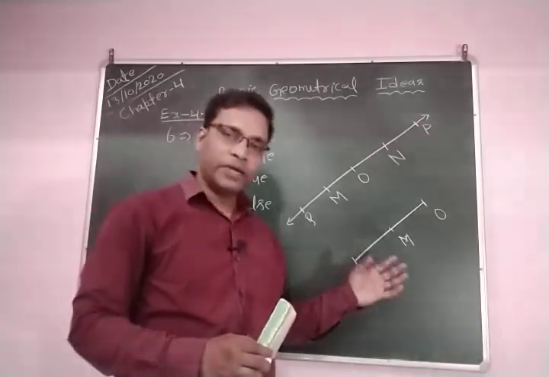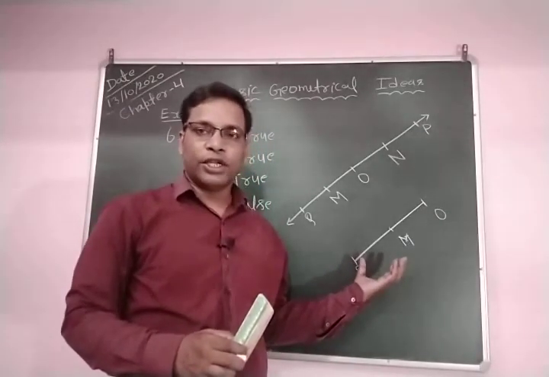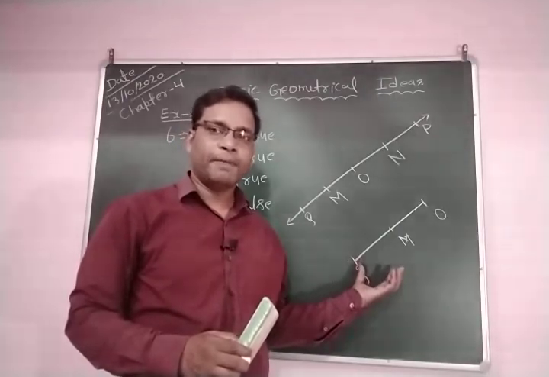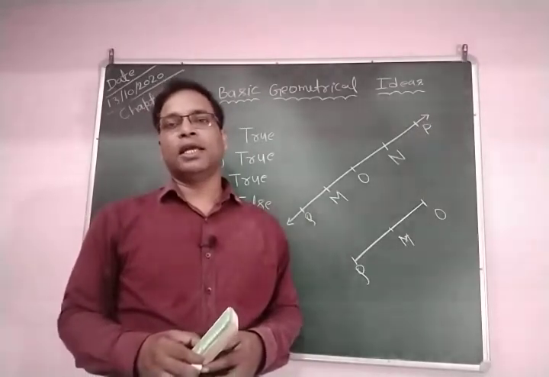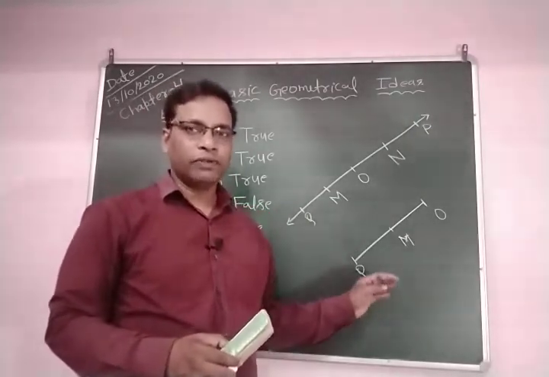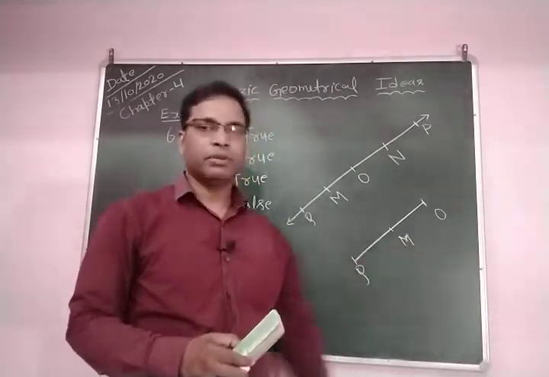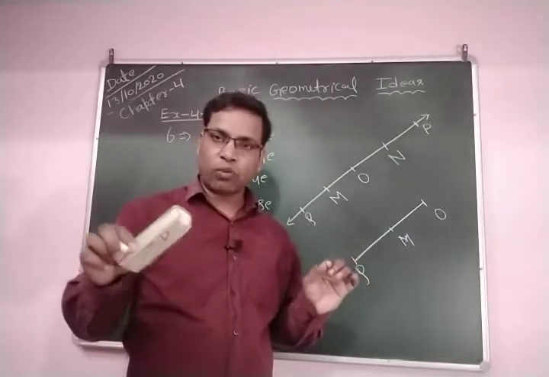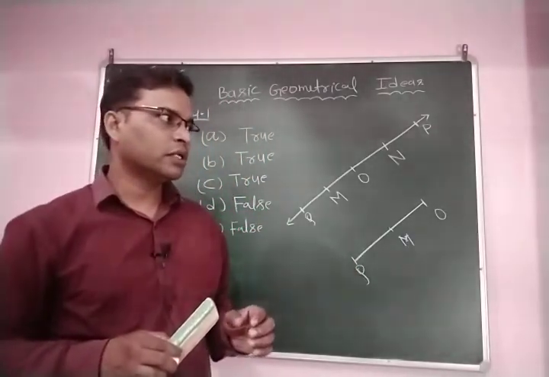But when we draw this figure we see the end points of line segment OQ are O and Q. Here we saw M is not an end point of this line segment. M lies between them at any point. Okay. So I hope all of you understood this question.